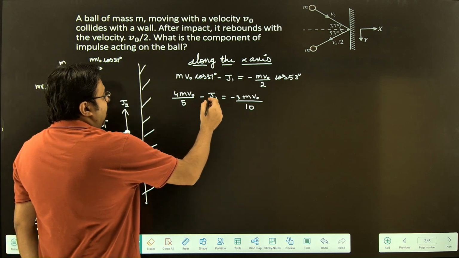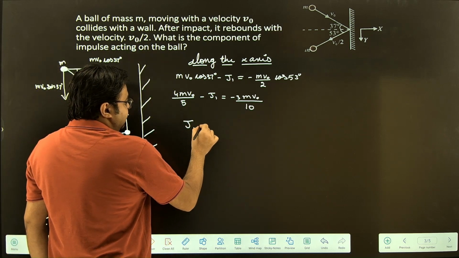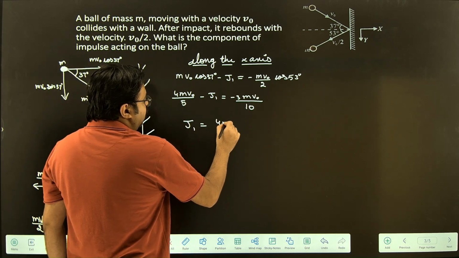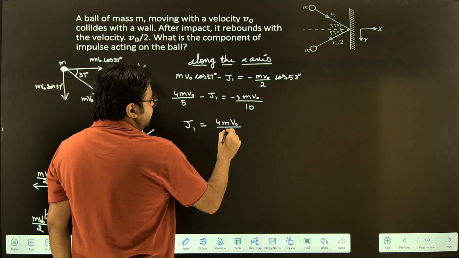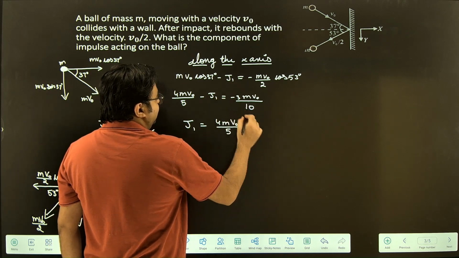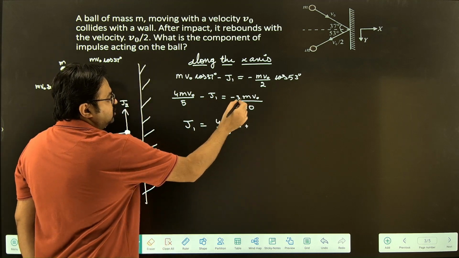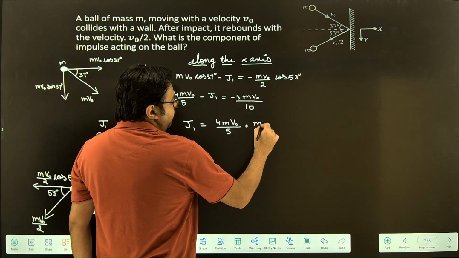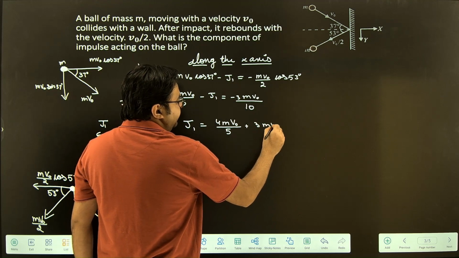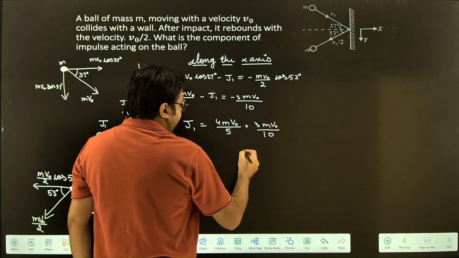Well, you can calculate J1 now. J1, dear friends, becomes equal to 4mv naught divided by 5 plus, because this goes to this side, 3mv naught divided by 10.